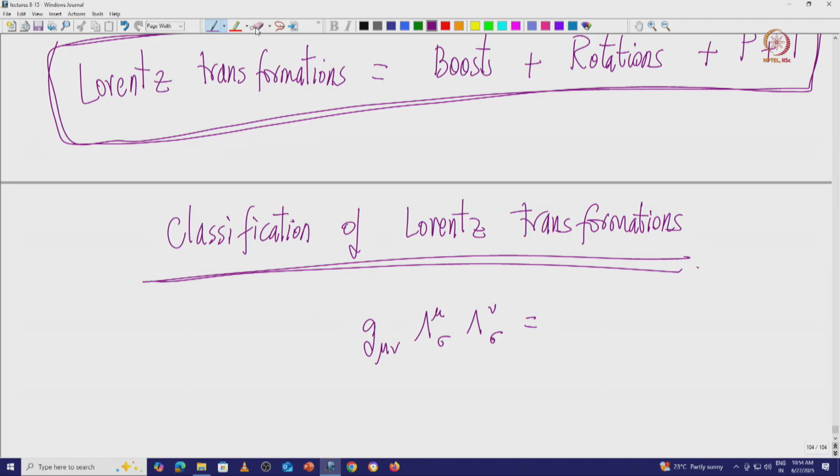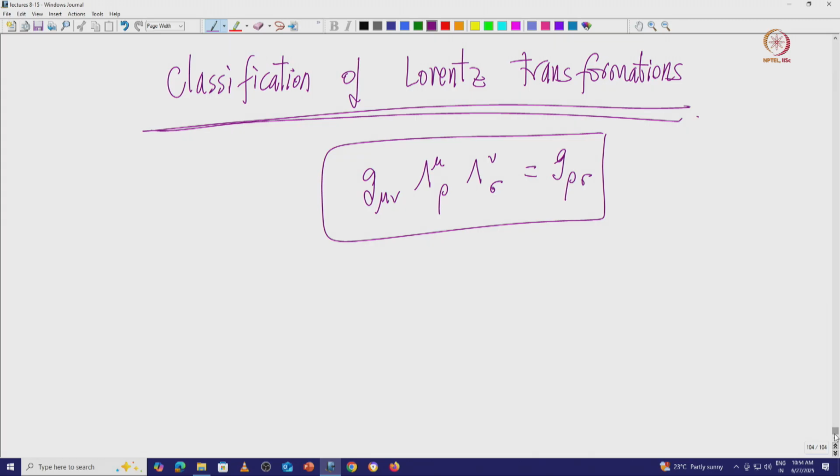Now taking the determinant on both sides, we end up with det of lambda whole square is equal to 1.